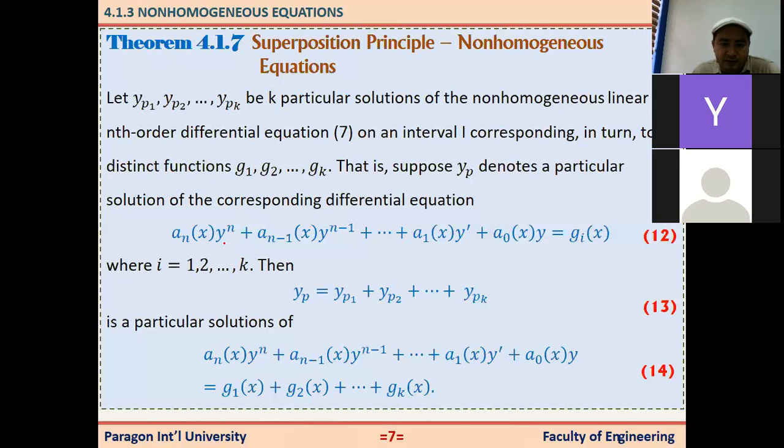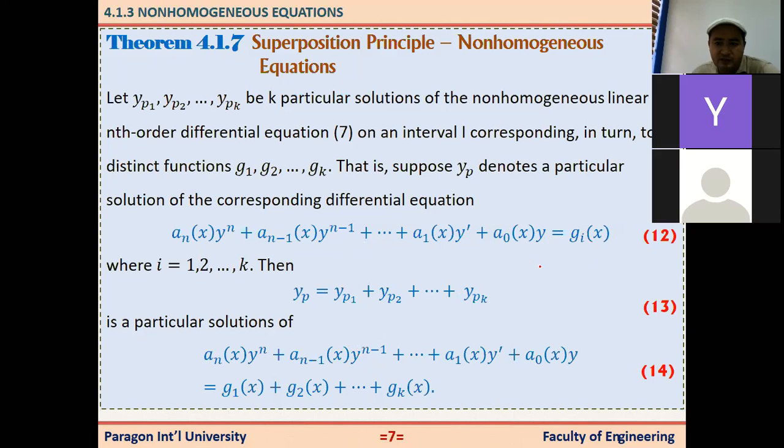Now we are talking about this equation. The left-hand side is not changing. On the right-hand side, if it is g1, its particular solution is this. If it is g sub 2, its particular solution is this. If it is g sub k, its particular solution is this. Here we have k non-homogeneous equations.